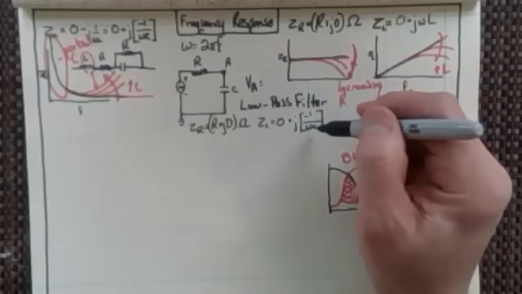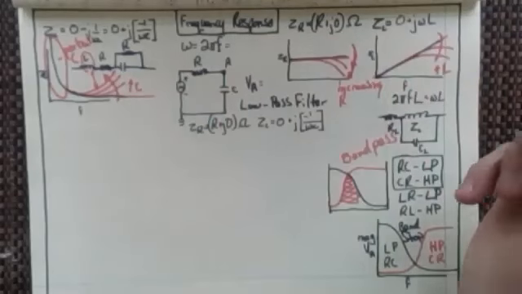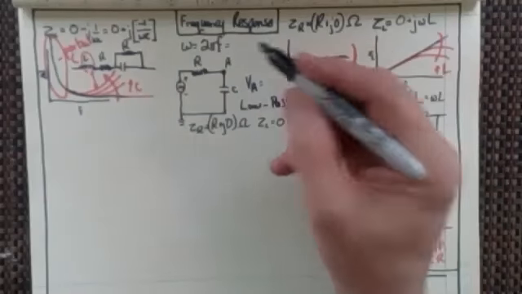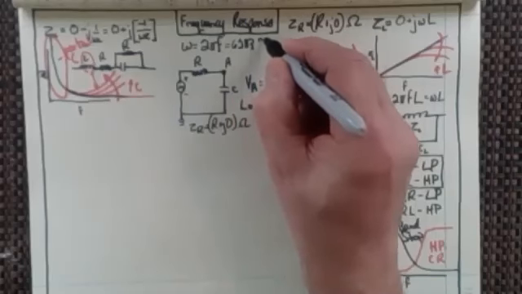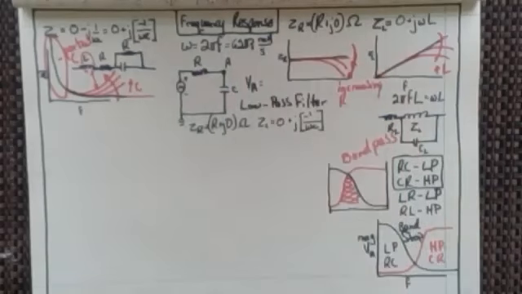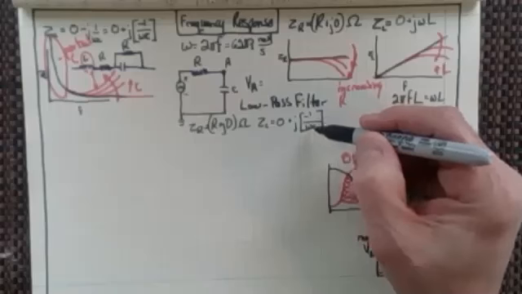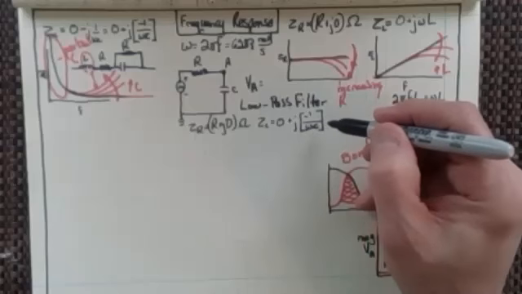So I've got 1,000 hertz, and we know from what we talked about earlier that with 2 pi f, that's going to be 6,283 radians per second, right? So we can see that that's going to be about 1 divided by 6,283.